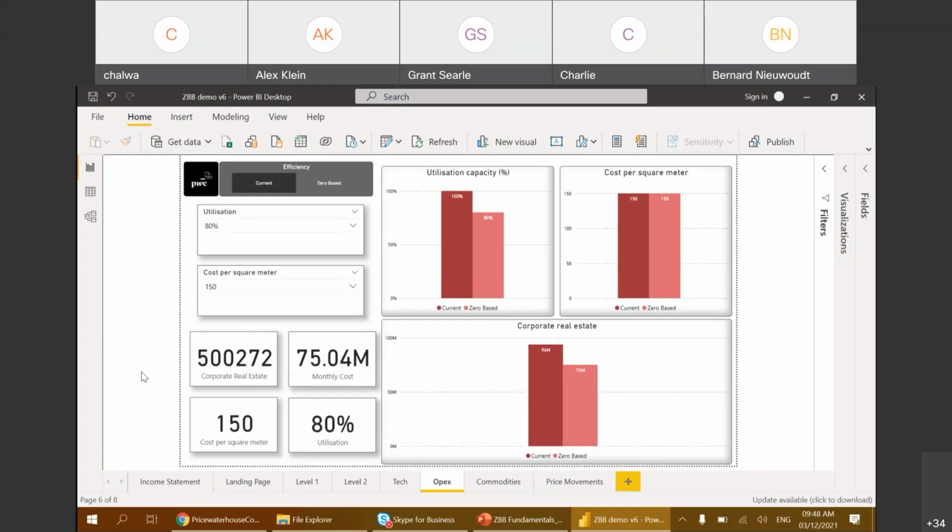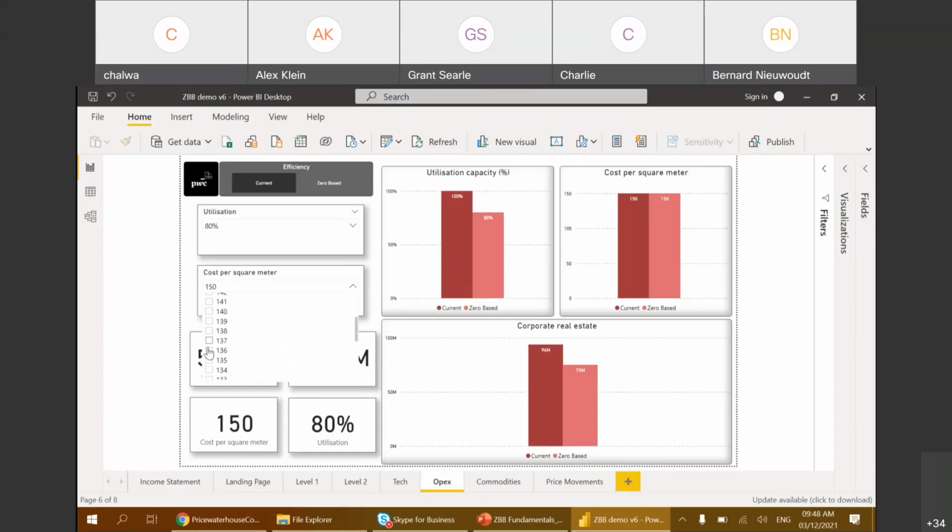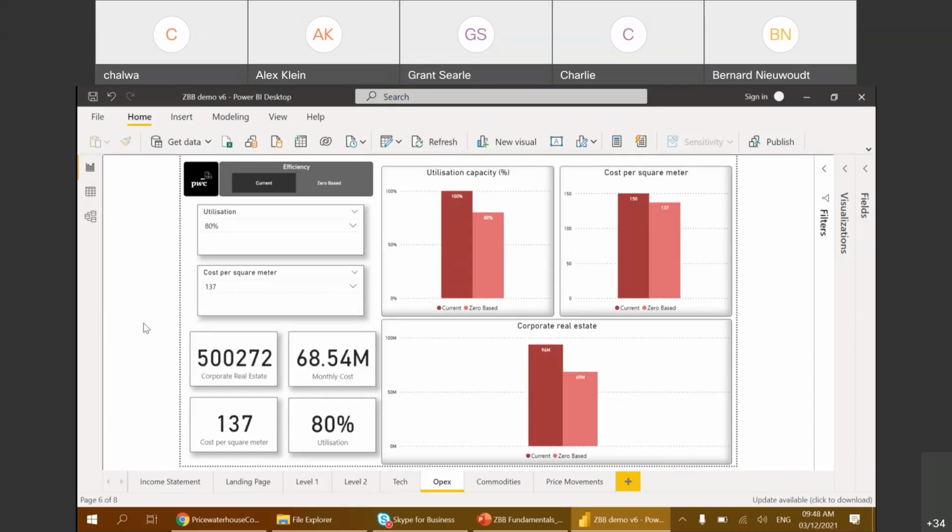And because you are creating this visibility and changing your capacity, you also need to look at your cost per square meter. You might find that 150 is actually not competitive. It might be too high, so you might negotiate this down to, let's say, 137, which means your 93 million ends up at 69 million.